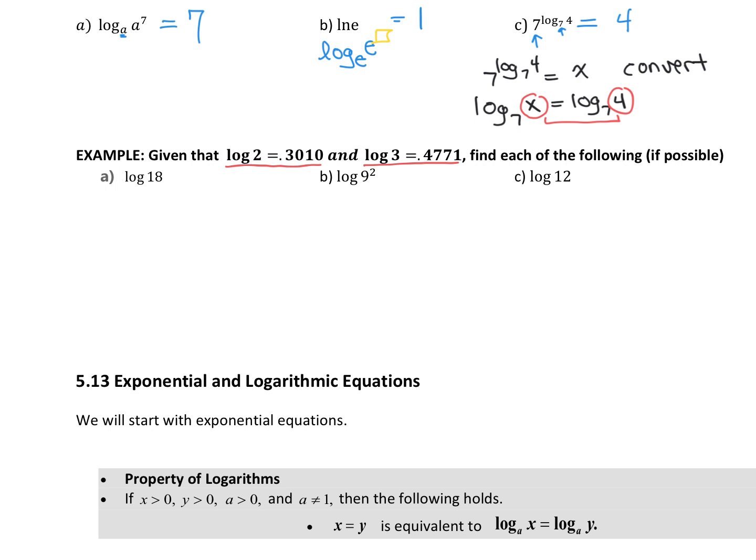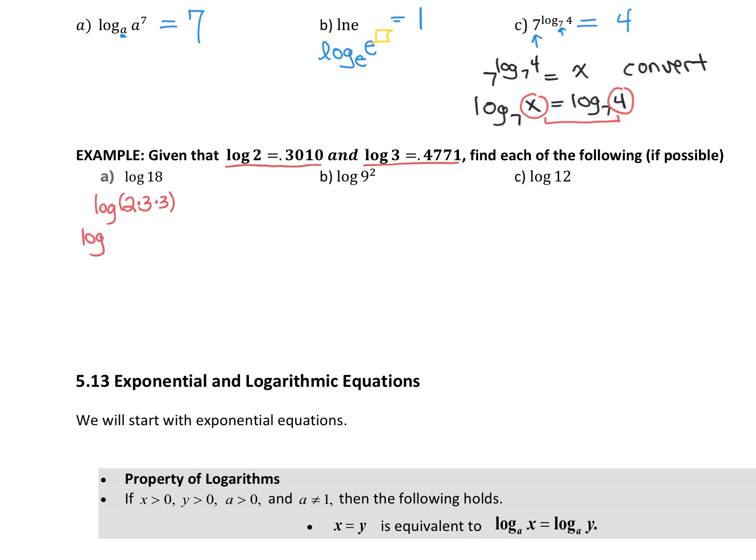We want to be able to, without a calculator, find the log of 18. Well, what that means is I have to rewrite 18 using only 2's and 3's. So I'm going to think of 18 as log of 2 times 3 times 3. 2 times 3 is 6 times 3 is 18.